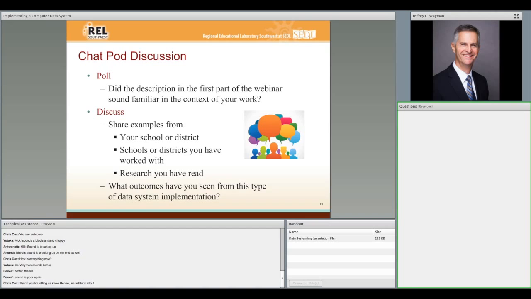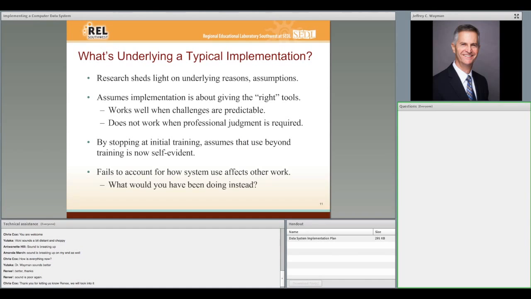But let's move on to the next part of our discussion, which is about what sorts of things are underlying a typical implementation. I talked about the typical implementation, and it turns out that research we've conducted from outside of the field of education tells us something about this.